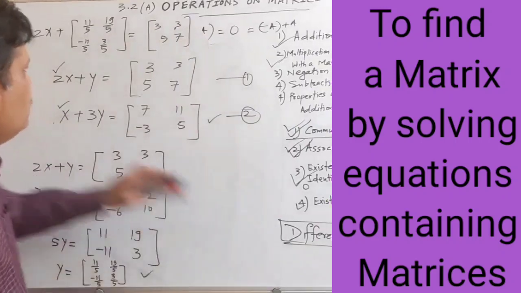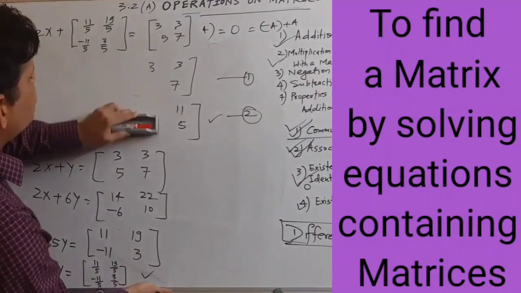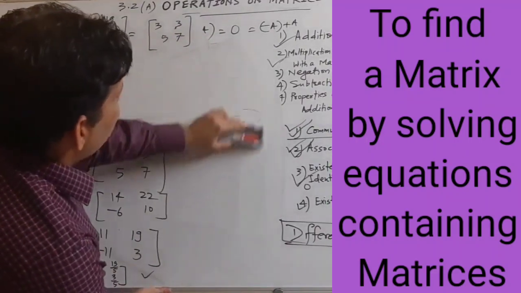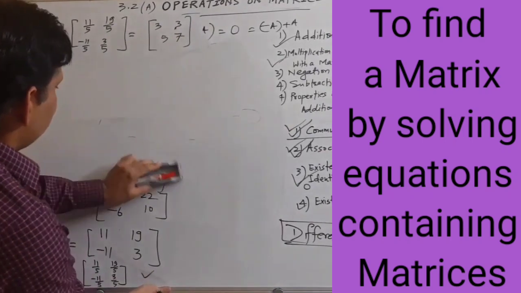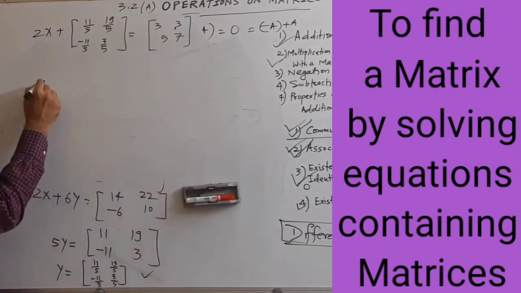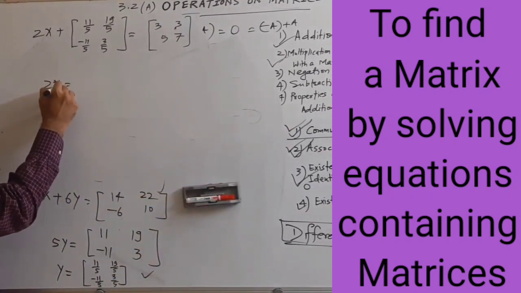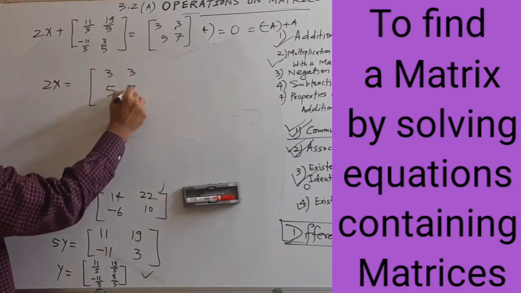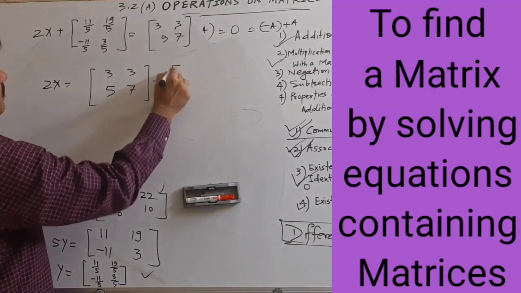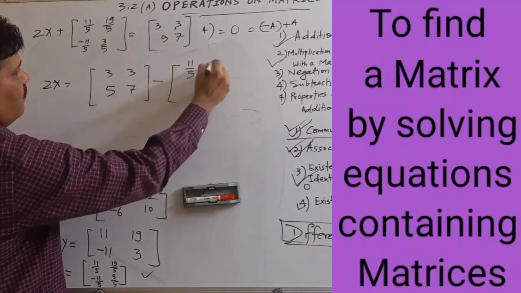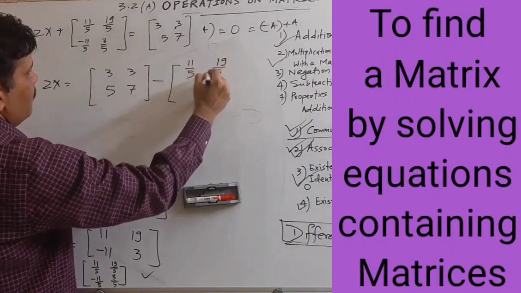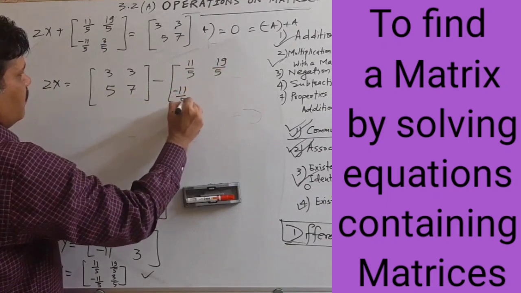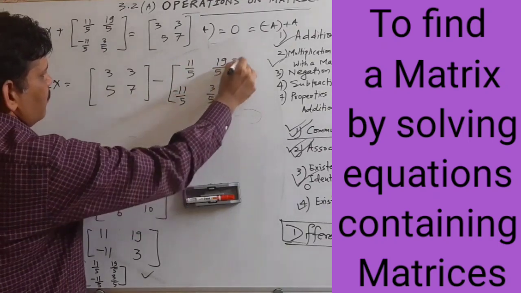What we need to do is, we have to solve it for X. So we'll transpose the second term to the right hand side. So 2X is equal to 3, 3, 5, 7 minus 11/5, 19/5, minus 11/5, 3/5.